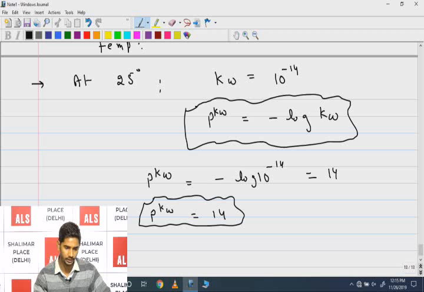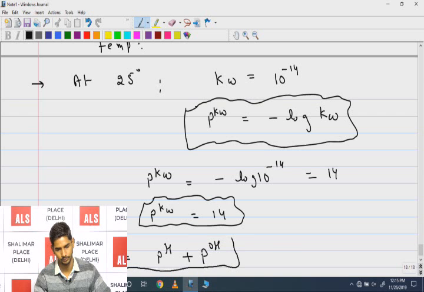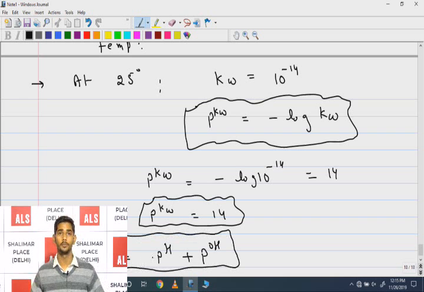One more important relation: pKw is equal to what? pH plus pOH. This is very helpful and useful information, guys.